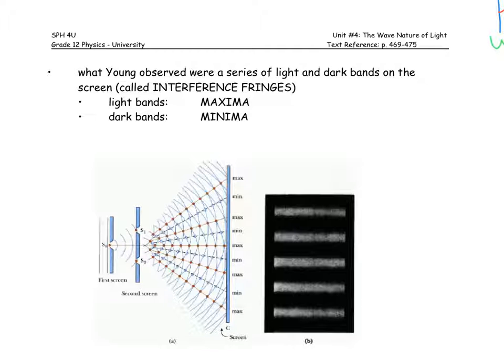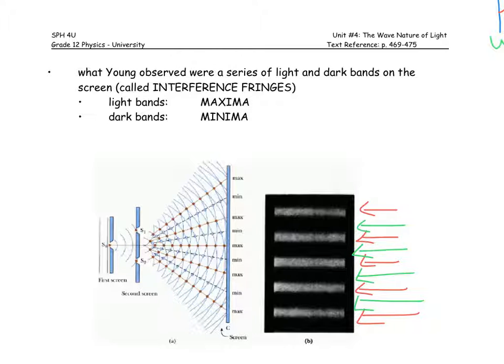So you'll remember from some of our other conversations, and videos that we've watched together, that what you end up with are a series of these really bright bands that form on the screen, where these light waves are passing through and hitting a screen past those two little open slits. But there are also these darker bands in between. And so I'm going to talk a little bit about that.